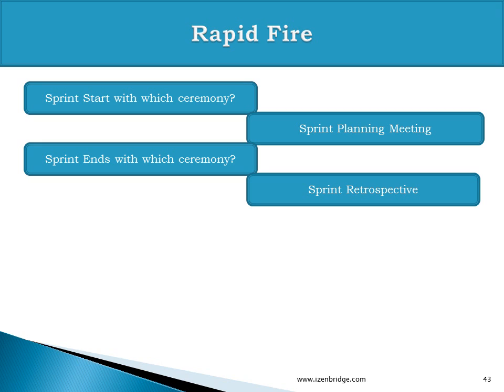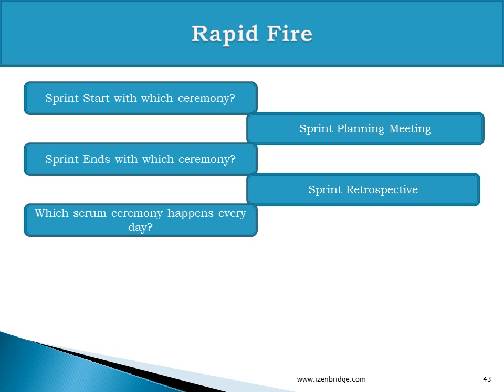Sprint retrospective. So we start with sprint planning, then we sprint for 30 days, then we have a sprint review, a product demo, and then a sprint retrospective in which we may identify some actions which need to be included in the next sprint's planning or backlog. After that we again have a sprint planning meeting for the next sprint.